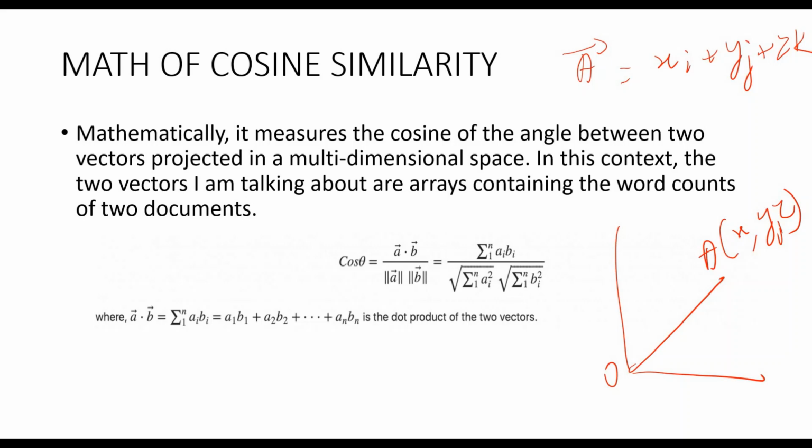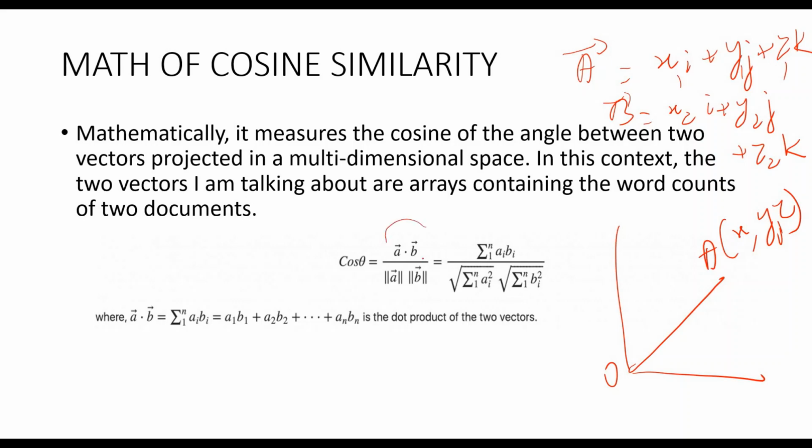This is vector A. In the same way, vector B can also be represented. Then A dot B, if this is x1, y1 and z1, and vector B is equal to x2i plus y2j plus z2k, then A dot B is equal to x1 x2 plus, that is the product.